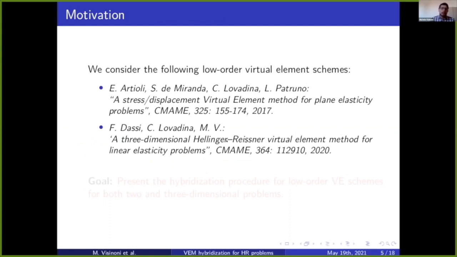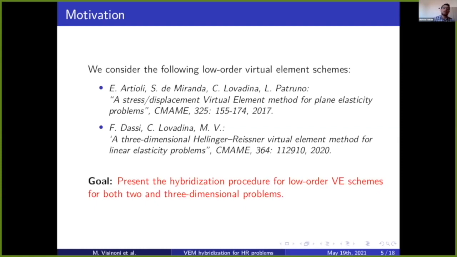This morning we have seen a lot of interesting features of this VEM scheme, and one of them is that in this scheme we do not have nodal degrees of freedom, and in particular we do not have nodal stress degrees of freedom. This property is essential in order to apply the hybridization procedure.